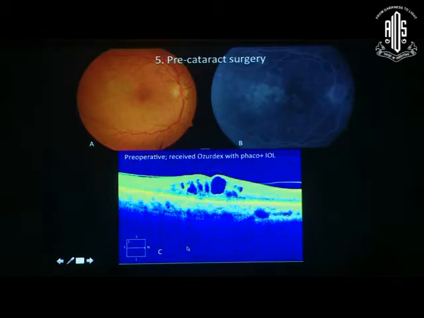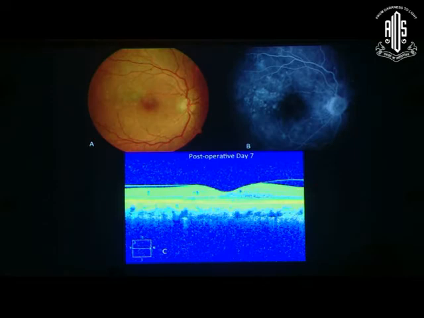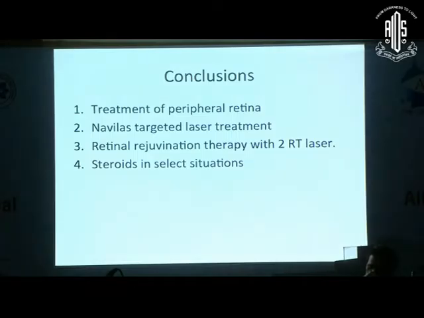It seems there is a hyaloid, but on three-dimensional imaging, it was not a tractional kind of macular edema, and this is post-operative. Unlike the diabetics who remain so unhappy in the post-operative period, giving an implant sorts that problem out. You can see the cataract is out and his macular edema has responded beautifully.